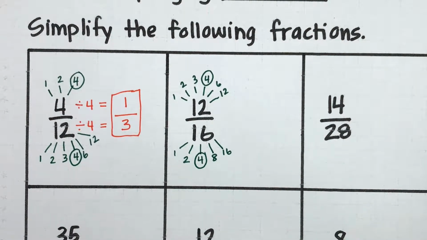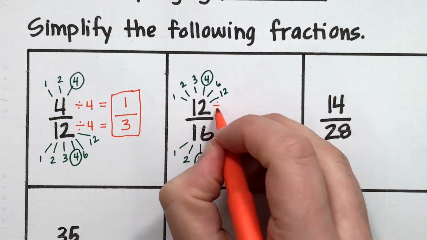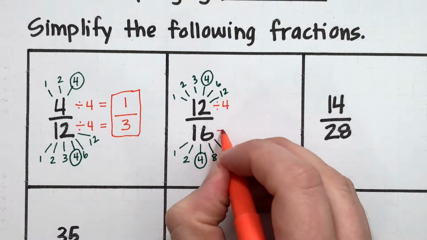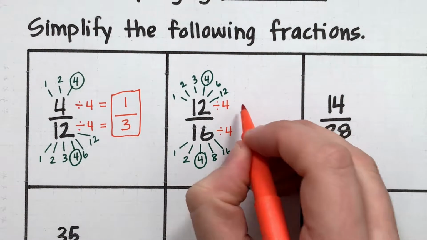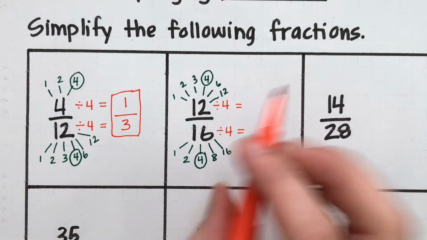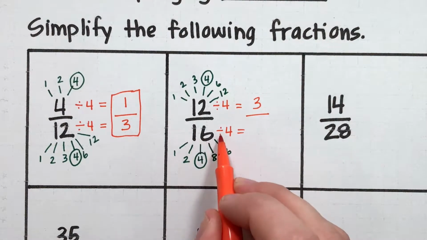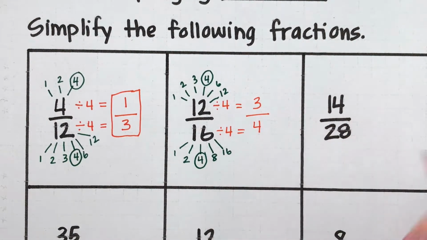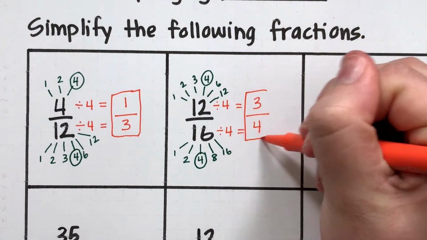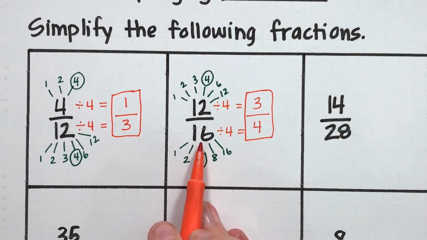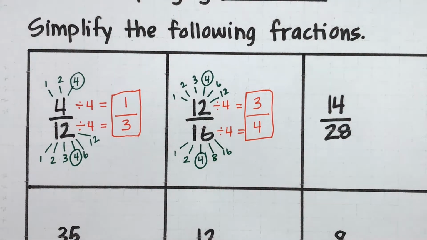Then we divide both sides by that GCF, or greatest common factor, and we get 12 divided by 4 is 3, and 16 divided by 4 is 4. So the simplified version of 12/16 is 3/4.